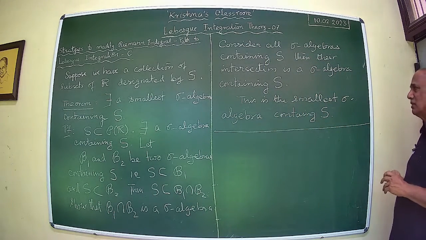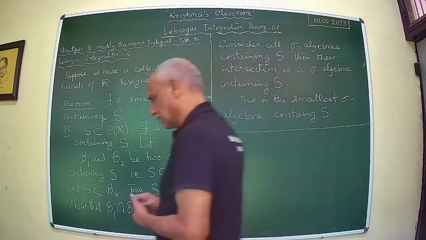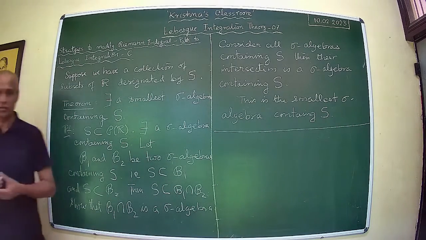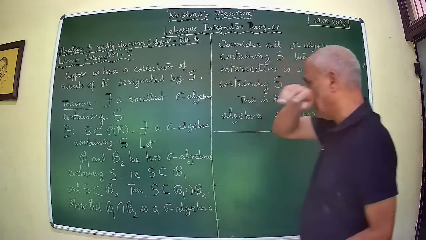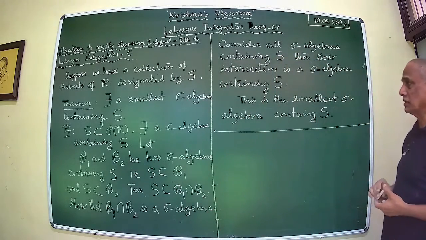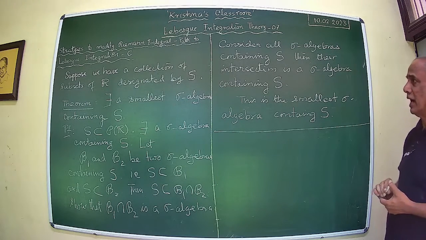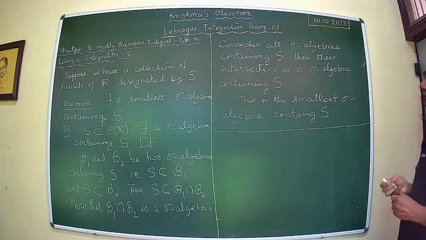That's the reason why we look for such a collection, or what you call the minimal sigma algebra. So we have comfortably proved that there exists a smallest sigma algebra containing S. S may be any collection of subsets.